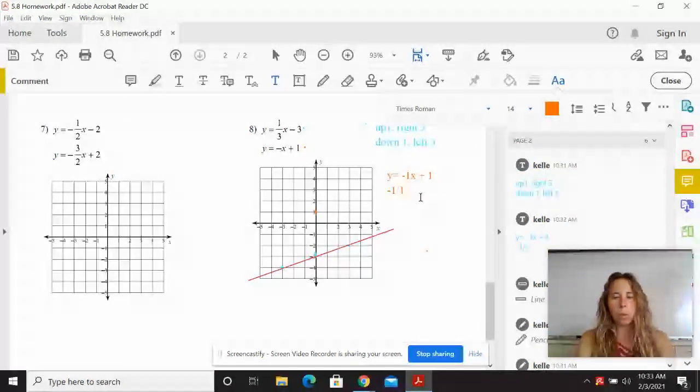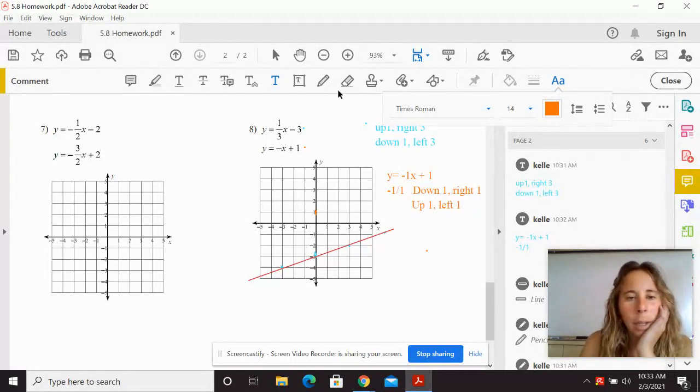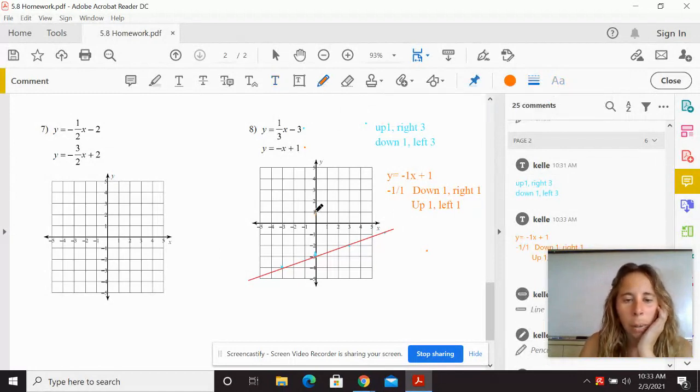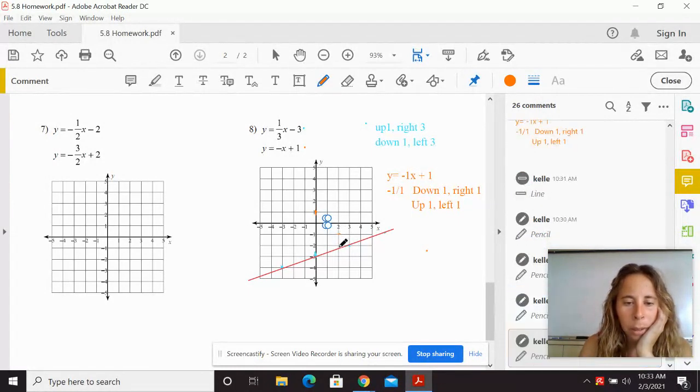So you're going to do down 1 and right 1, or up 1, left 1. Okay, opposites. So I'm going to go down 1 to the right 1, boop. Down 1 to the right 1, and so on.